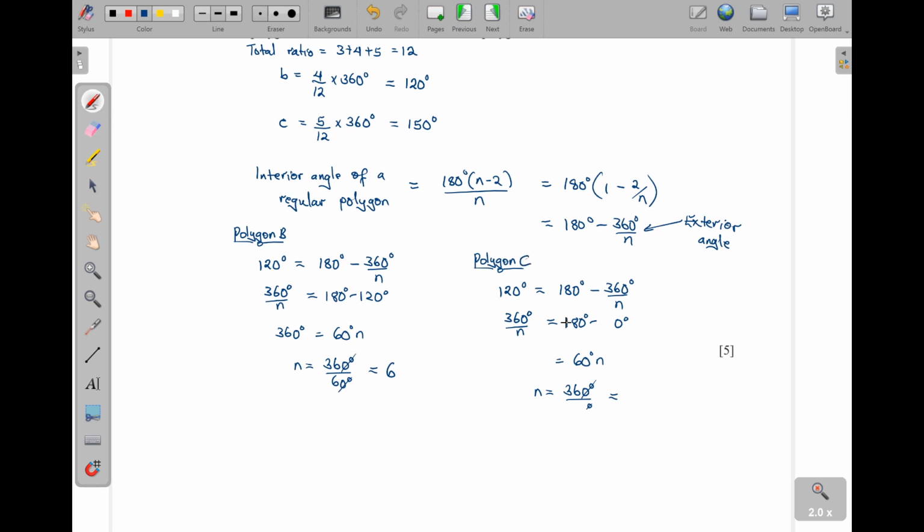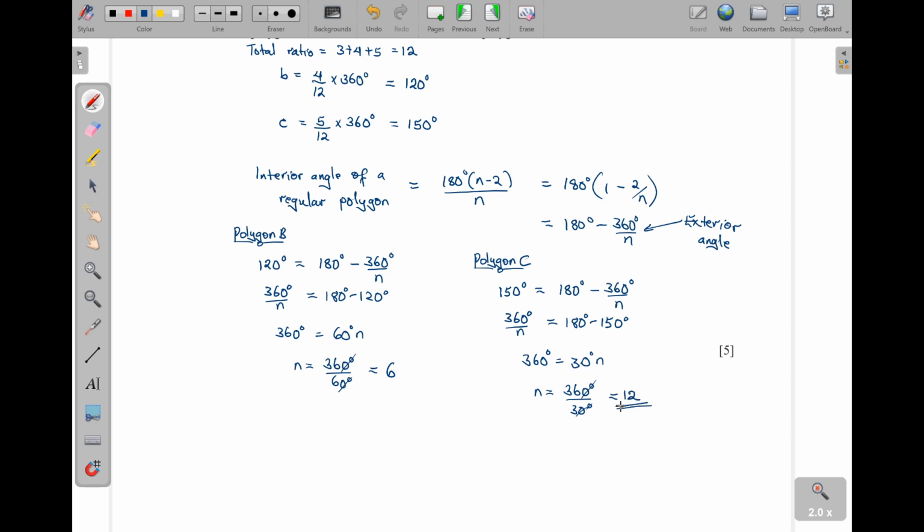Polygon C, this one here is also 150. Of course, 180 minus 150, we shall get 30. So this will be 30 degrees, which is equivalent to 360 over n. Then we divide all through by 30. Now this zero also cancels. 36 divided by 3, that is 12.